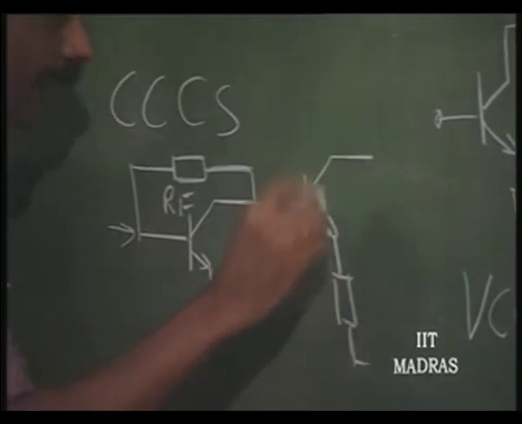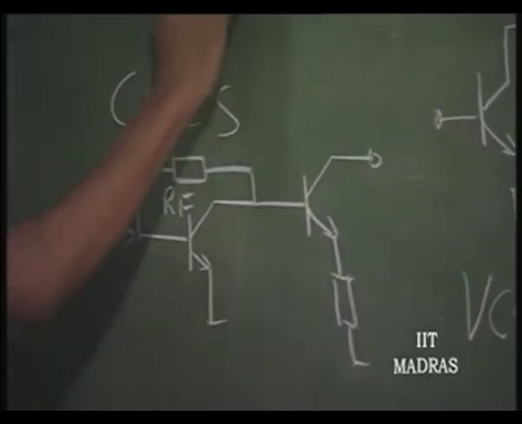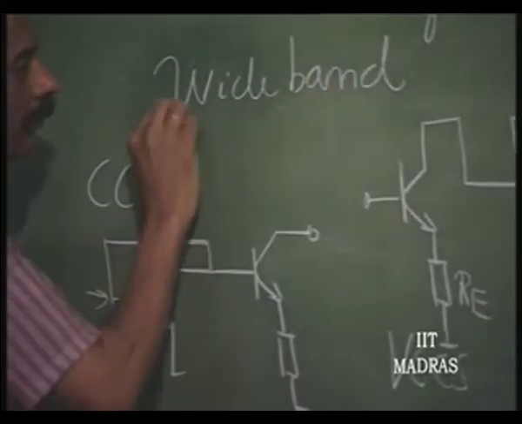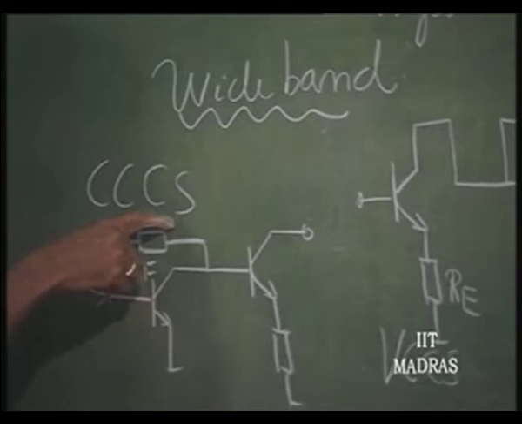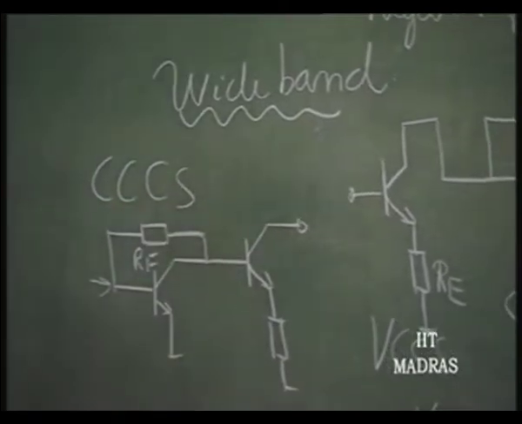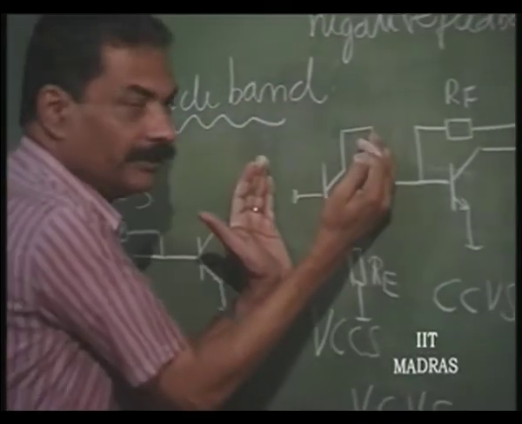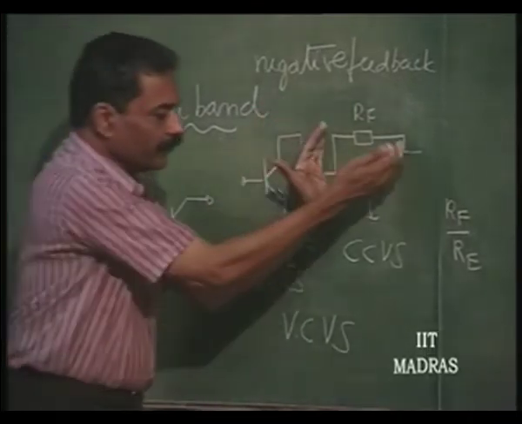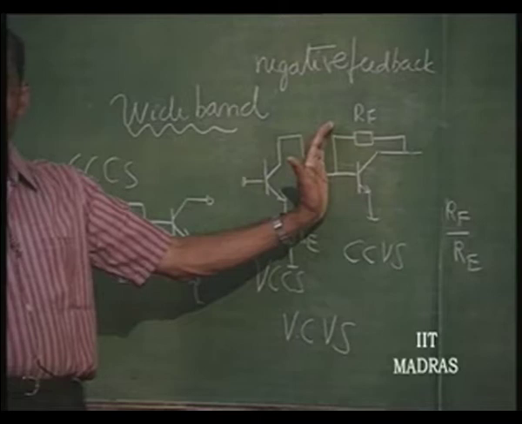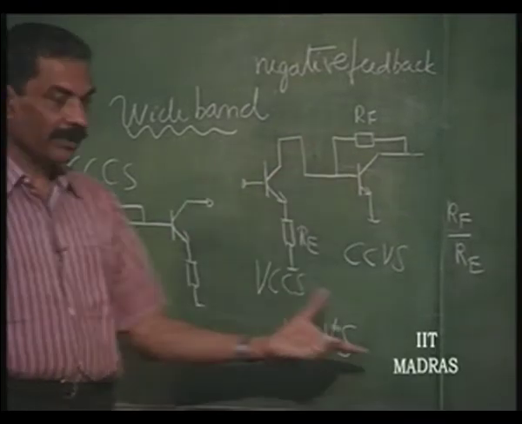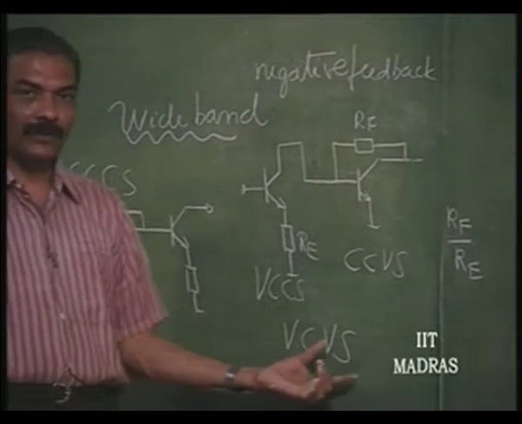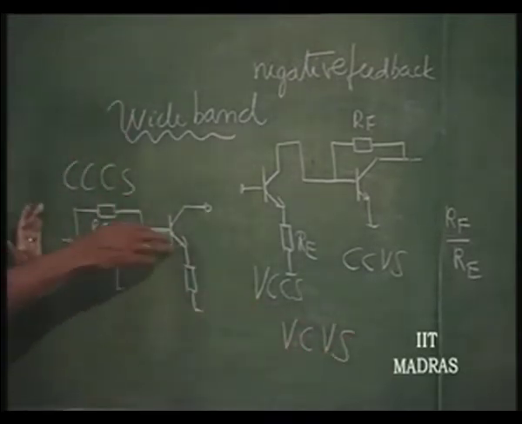This is a wideband current controlled current source. So, you have this individual thing acting as a voltage controlled current source, and this individual thing acting as a current controlled voltage source, and this cascaded together also is a wideband structure which is a voltage controlled voltage source.